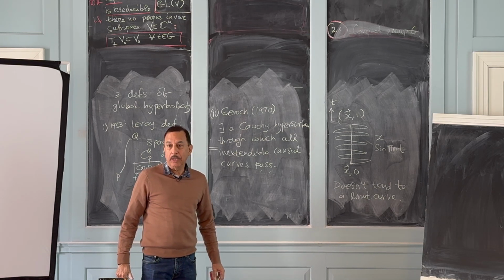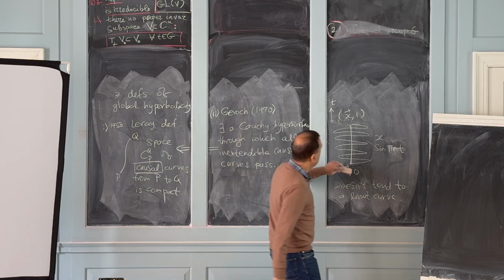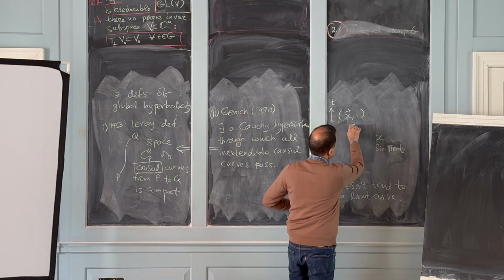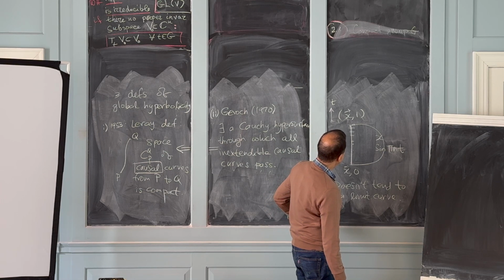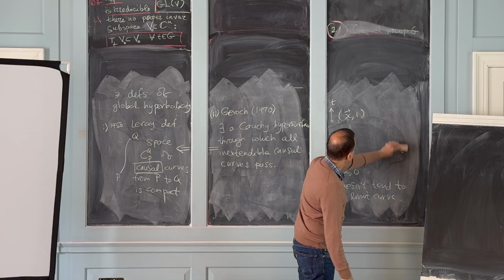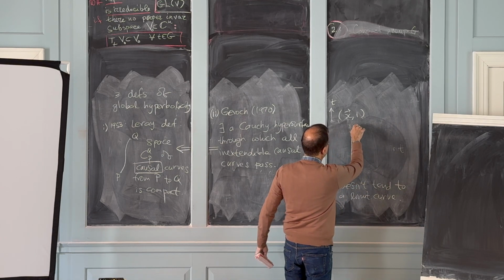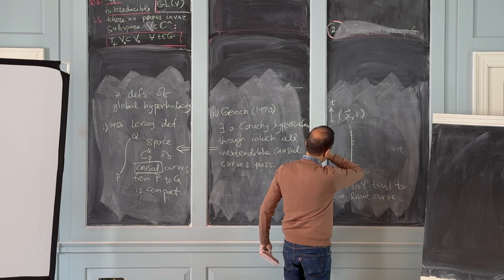For small n it may be causal. No, even for n equals 1, we just looked at it. Sorry? Okay, I see. Maybe I drew it wrong. What did I do?